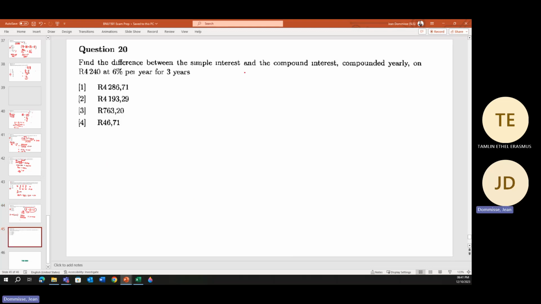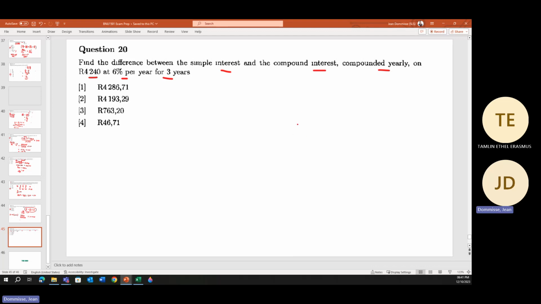Okay, then let's look at the last one for tonight. Find the difference between the simple interest and the compound interest compounded yearly on 4240 at 6% for 3 years.